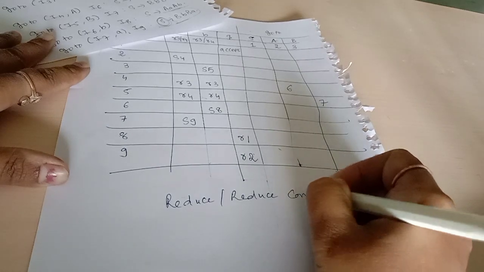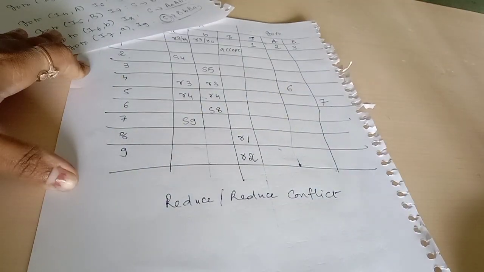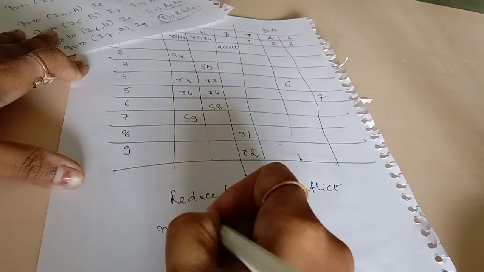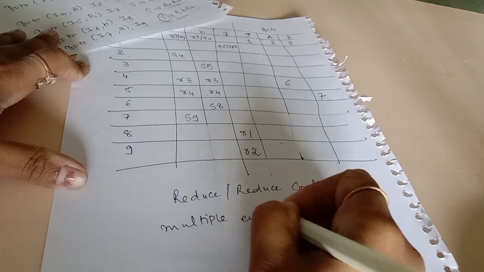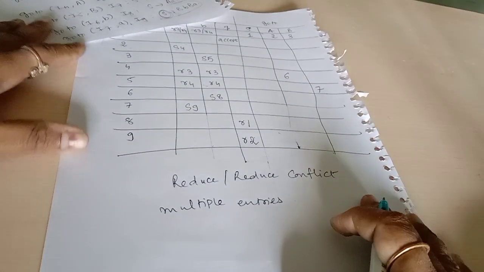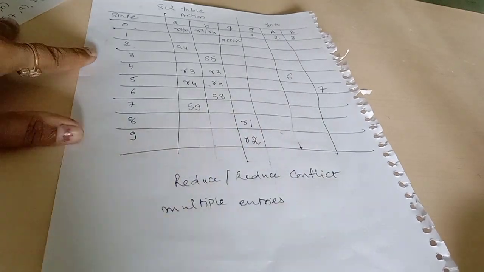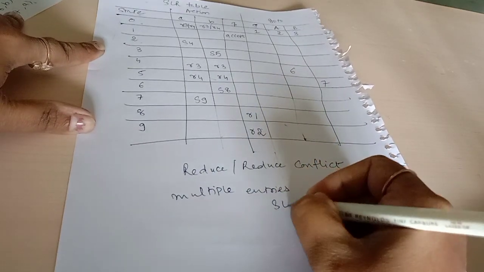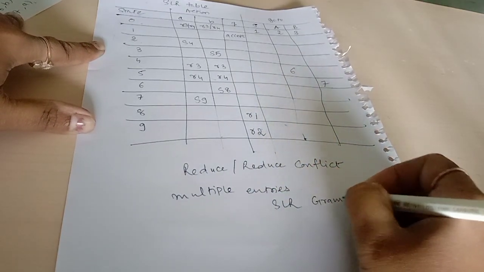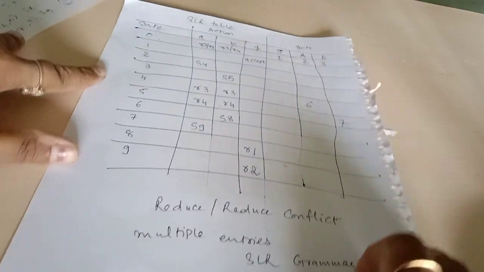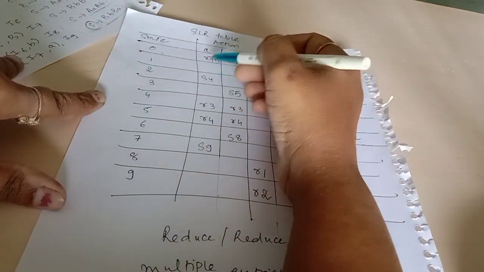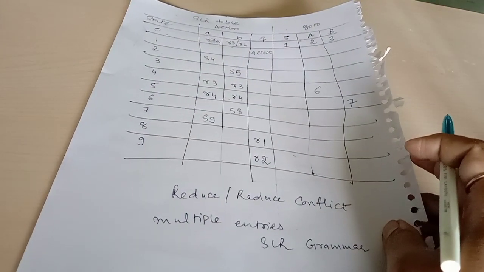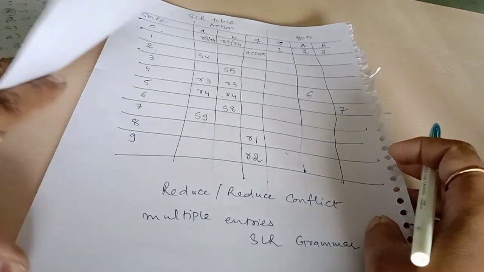Whenever a parsing table gets multiple entries, that table cannot be called an LR parsing table, or LR grammar. So over here we can say that this grammar is not SLR, because in the SLR parsing table we get multiple entries. Clear? So this is how we can construct the SLR table. Okay, thank you everyone.